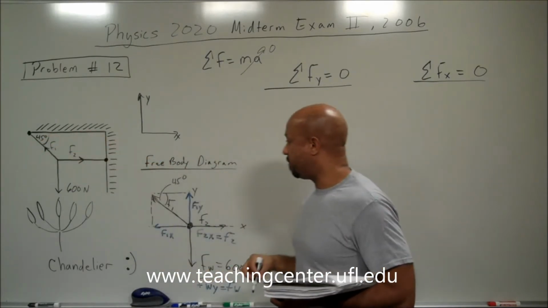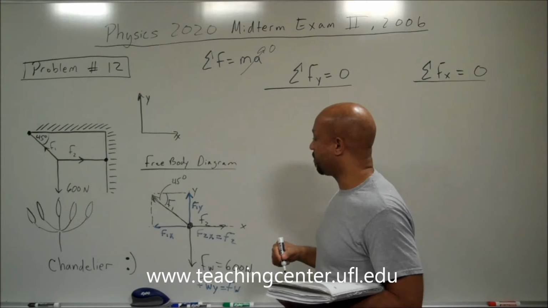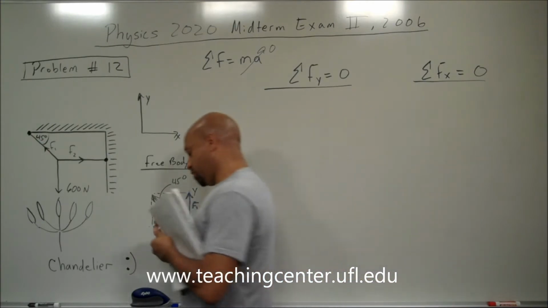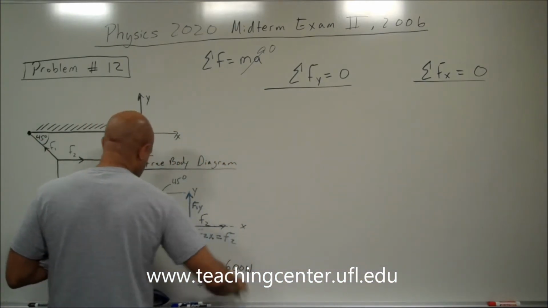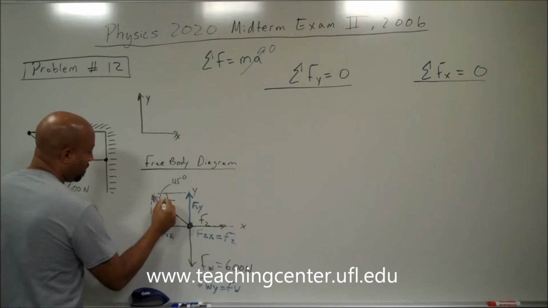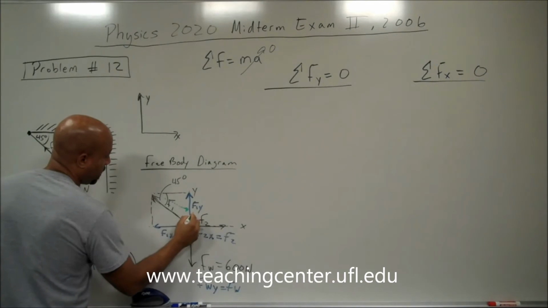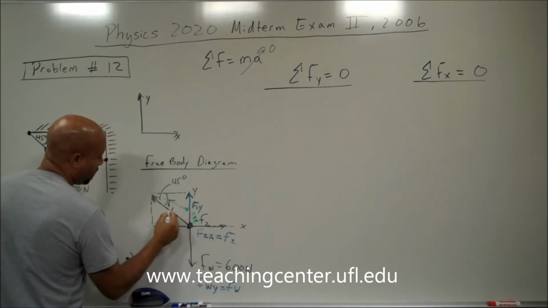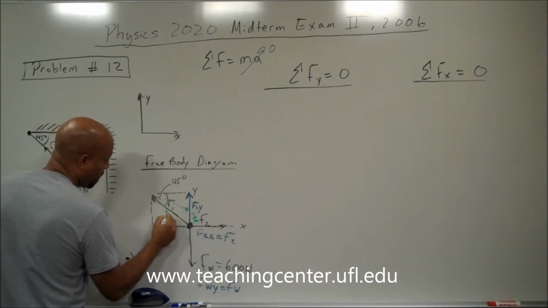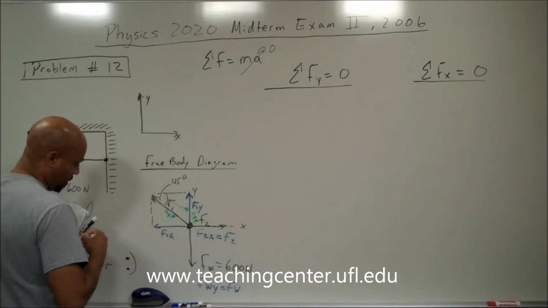They said it is 45 degrees, so that theta is 45 degrees. If we have this as theta, this is the opposite of theta, and force 1 is the hypotenuse.